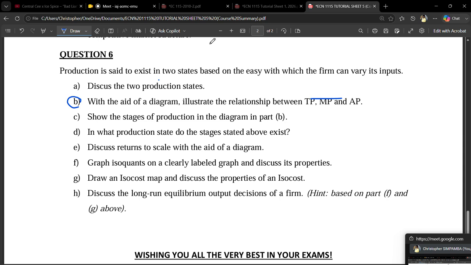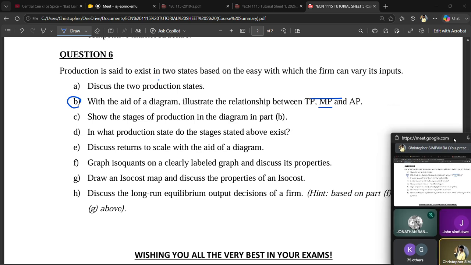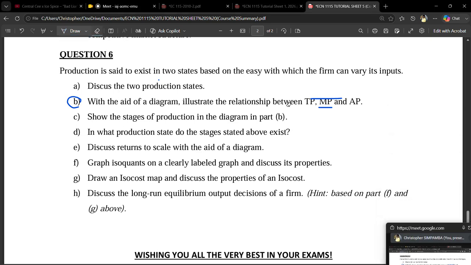Should we talk about the relationship between marginal product and AP again, or just total product and marginal product? You're not saying anything, so I think we can do everything. Among all these three, we always consider the relationship of marginal product with total product.